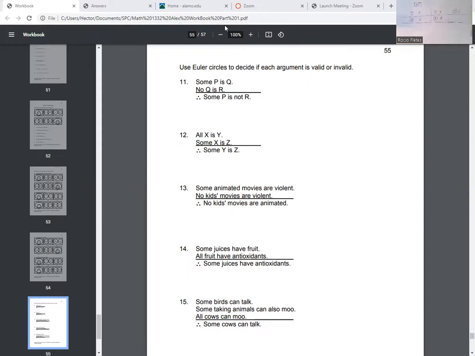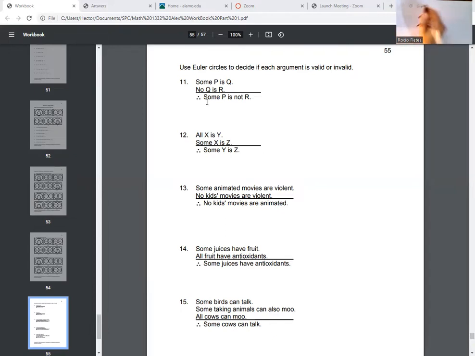And we're trying to see if the conclusion based on those two premises is valid. So the conclusion says, therefore, those three dots represent the word therefore. So the conclusion here is, therefore, some P is not R. So what I will do is I'm going to write the argument, and together we're going to create the Euler diagrams. And based on the Euler diagrams, we're going to consider every possible case.